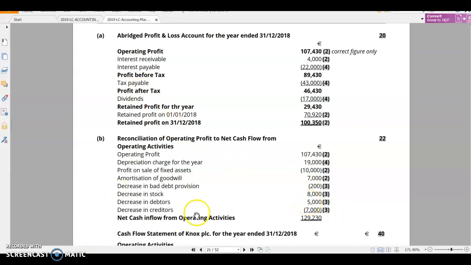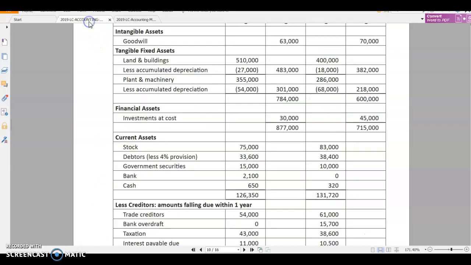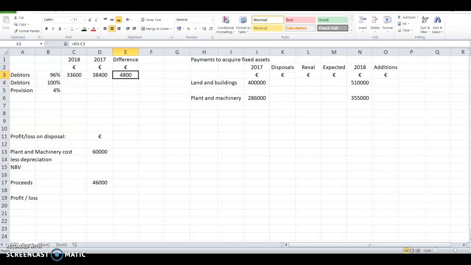So what they are doing is, if you note, the debtors is after a 4% provision. So these two debtors amounts are after a 4% bad debt provision has been taken away. So they're like 96% of the debtors figures. So if they're 96%, let's work back to 100% by dividing by 96 and multiplying by 100.